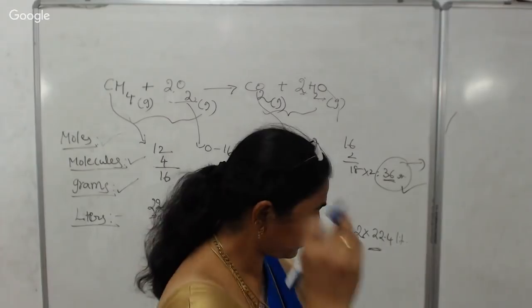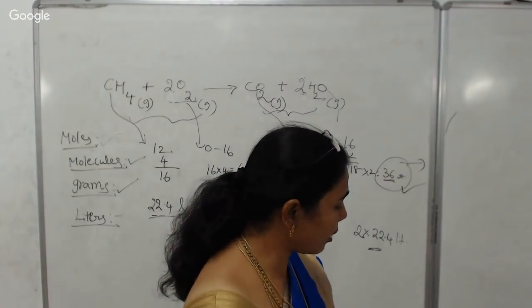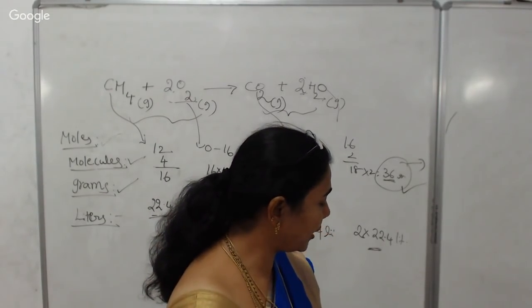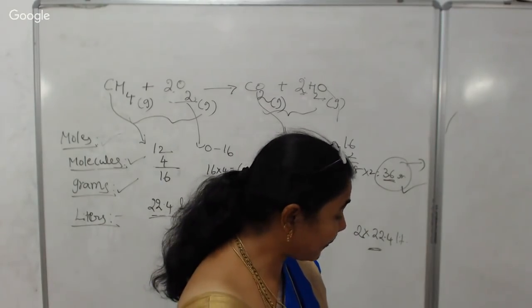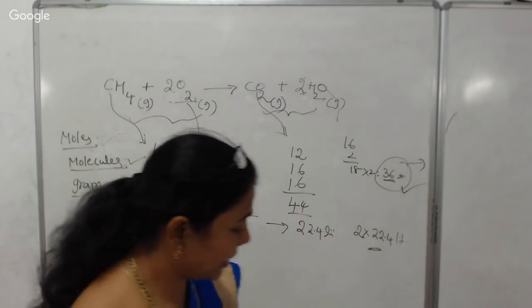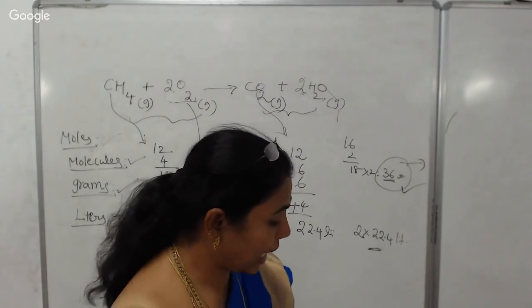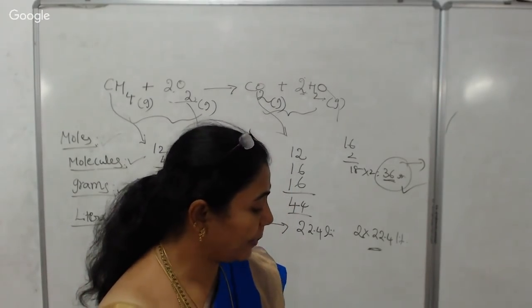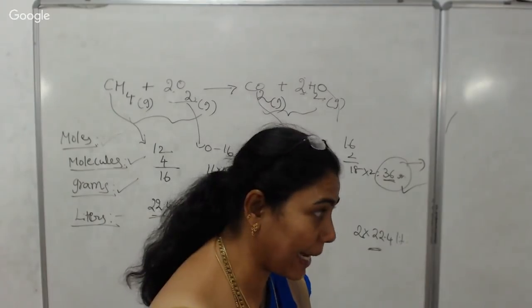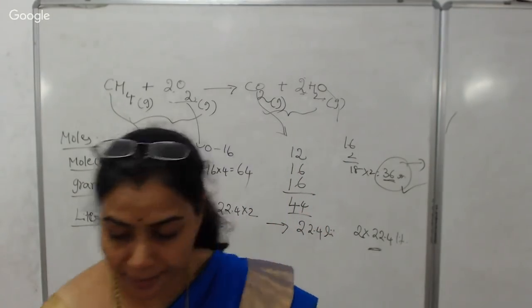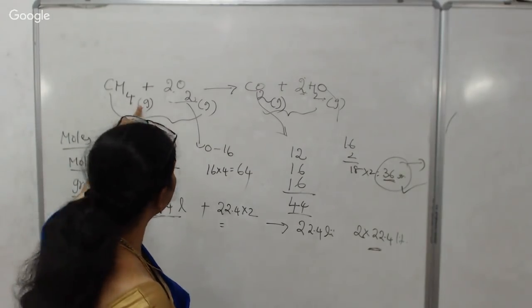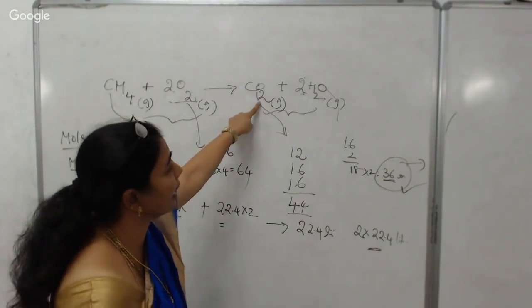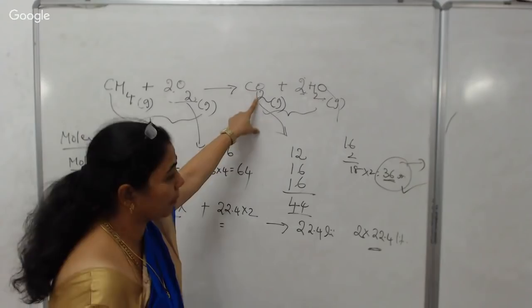Next one. How many moles of methane are required to produce 22 grams of carbon dioxide after combustion? See here, please underline, how many moles is given, but the answer they are asking is in grams. Okay, children? See, 1 mole of methane is giving how many moles of carbon dioxide? 1 mole of carbon dioxide, right?